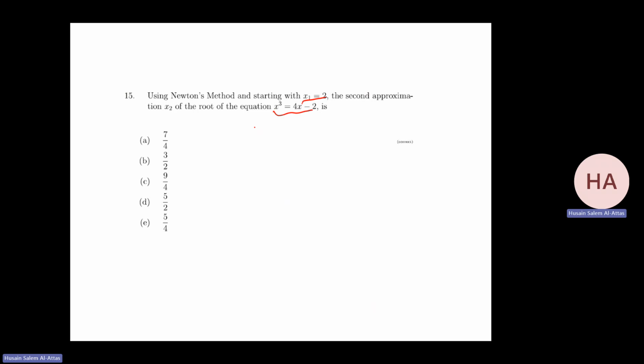Now x1 equals 2, but be careful. First, I make it equal 0. So this is my function, because as I said, Newton's method is used to approximate the zero of a function. So I need the function to equal 0. f prime is 3x squared.